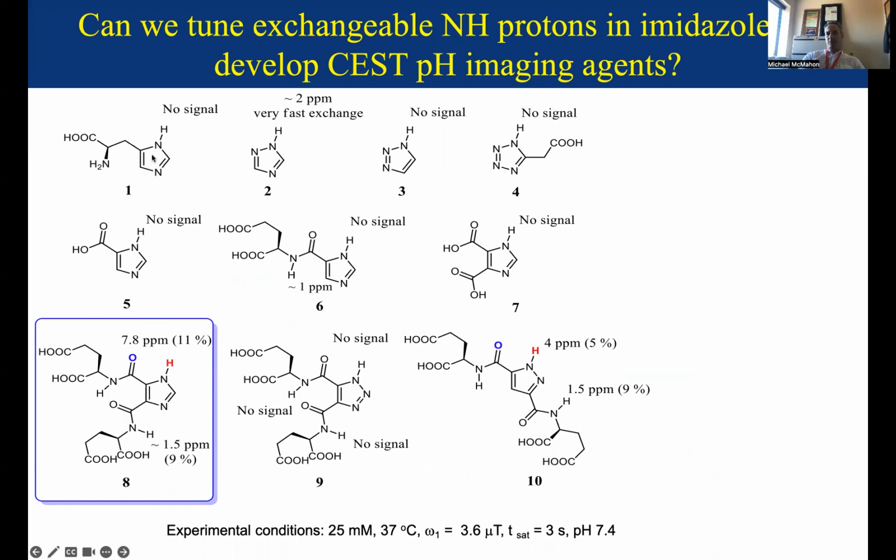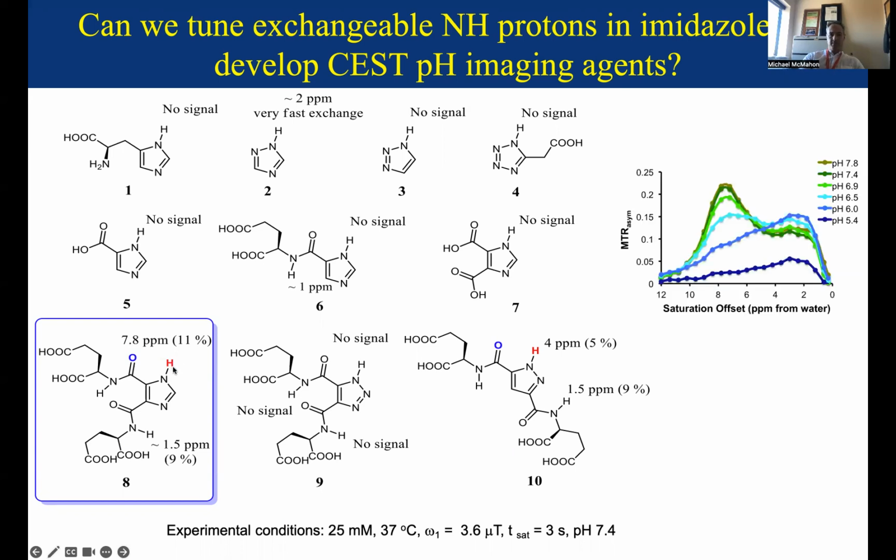While regular histidine doesn't work and a lot of the azoles do not show much CEST contrast, when you have this nice extensively hydrogen bonded network through substitution at the 4 and 5 position on the imidazole ring, you can see these nice pronounced CEST effects at about 7.8 ppm for this ring NH proton.